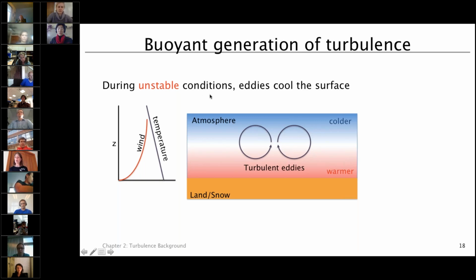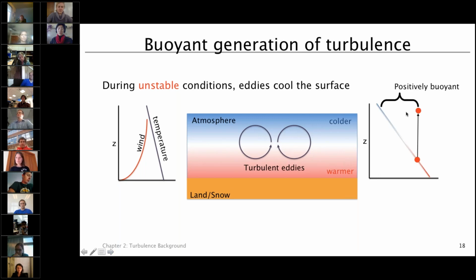So these are what's called unstable conditions. The surface is warmer and the atmosphere is colder, right? So we've got these turbulent eddies and they're bringing colder air from the atmosphere down towards the warmer surface. And so eddies are cooling the surface. And you can also see that as you take a piece of warm air up, warm air is lighter than cold air, and so it's positively buoyant.